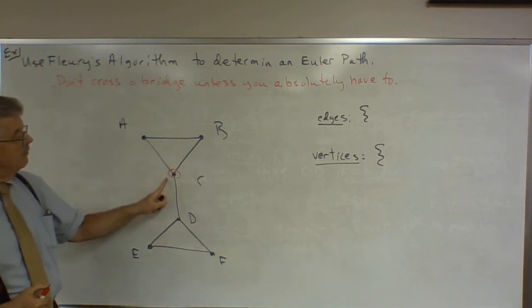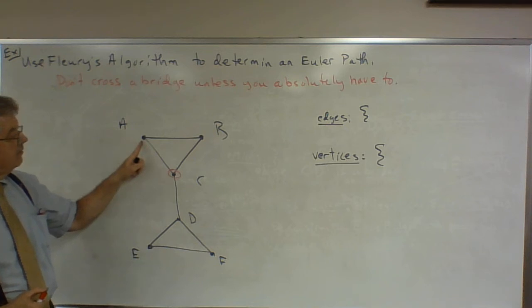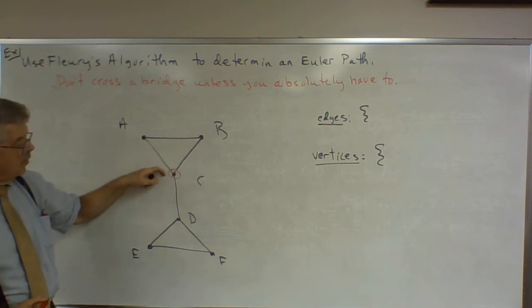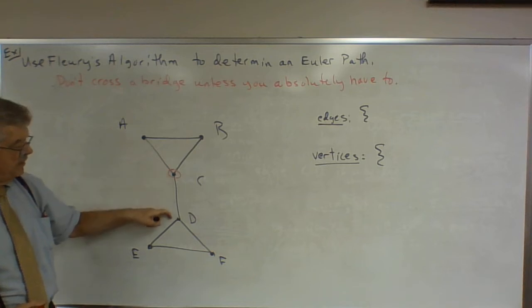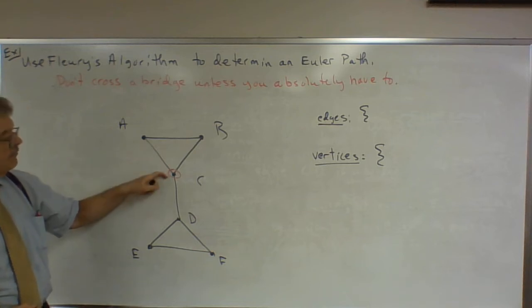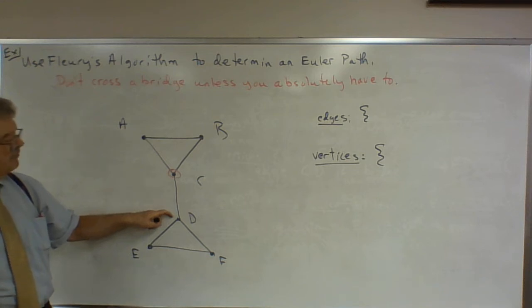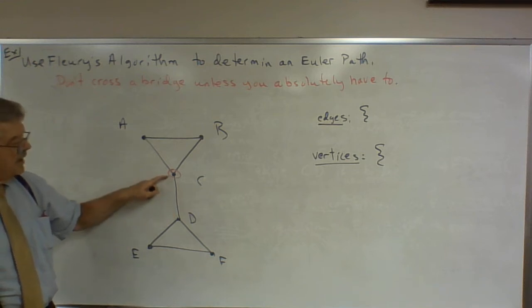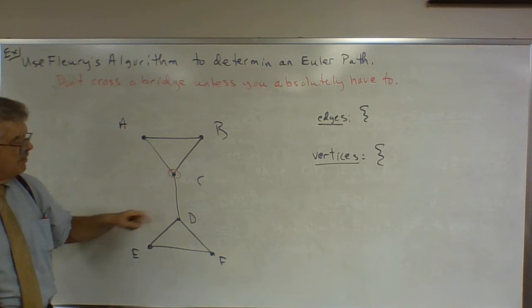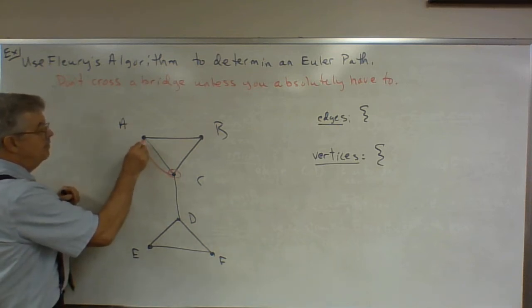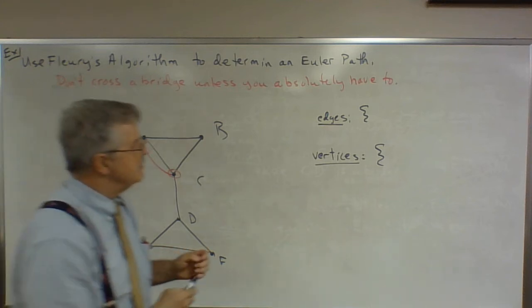We can go from C to A, or from C to B, or from C to D. If we go from C to D, we're crossing a bridge and we don't absolutely have to do that. So we are not going to go from C to D right away. So instead, let's go from C to A.